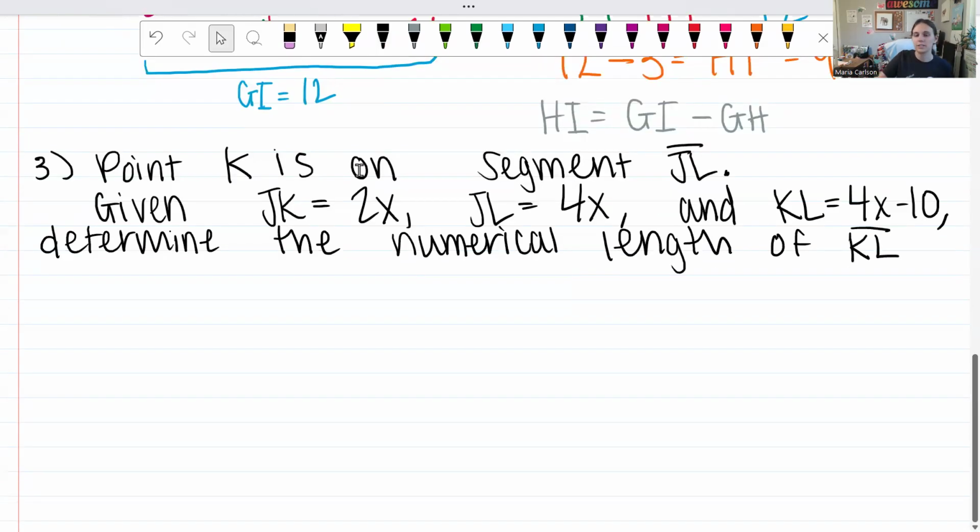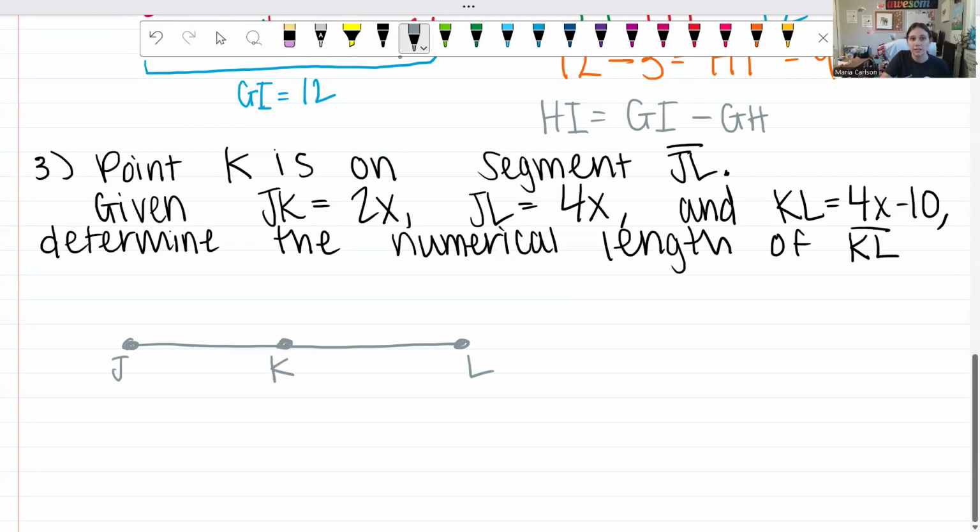All right, definitely need a picture for this one. So here is our segment. The entire segment is JL. So here's J and here's L, and we know K is somewhere on there.